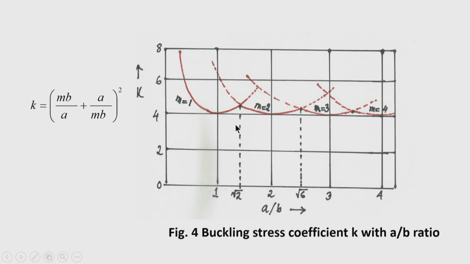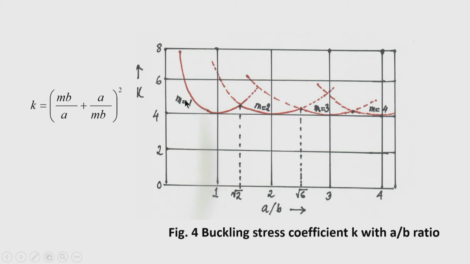Now, you can see that this is the curve for buckling coefficient when the number of half waves in the x direction, m, is 1. So, this curve is valid for a by b ratio less than root 2, that is 1.414. So, if a by b ratio is less than 1.414, you can use this curve, that means here m is equal to 1.